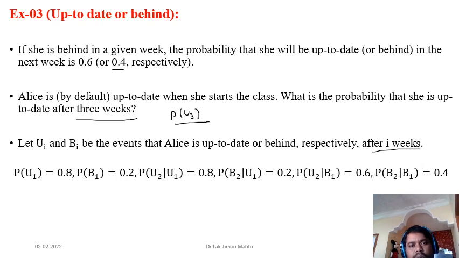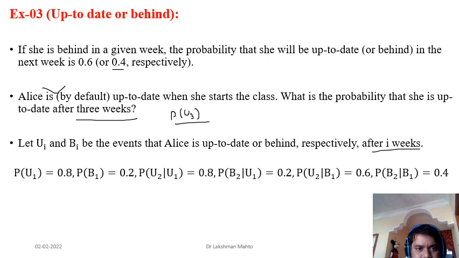Now, from this assumption, Alice is up to date by default. When she starts, the first week would be treated as the first week for her, not for others. After spending one week, that one week would be the first week for Alice.